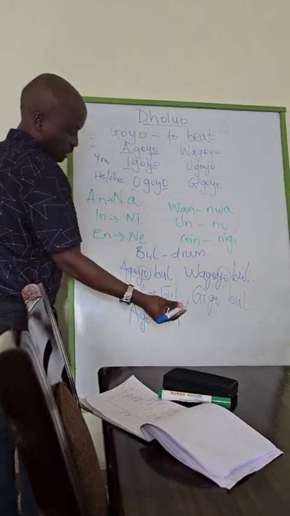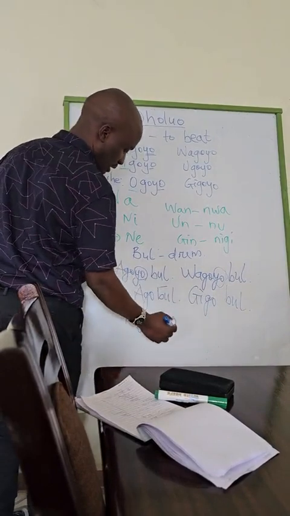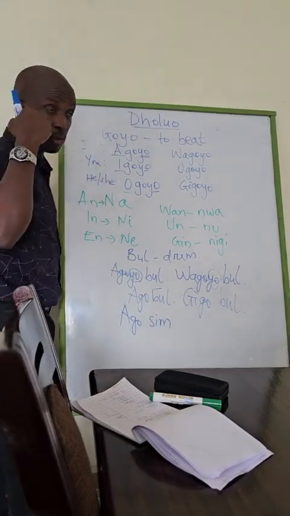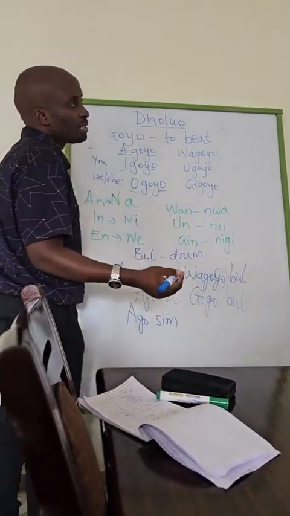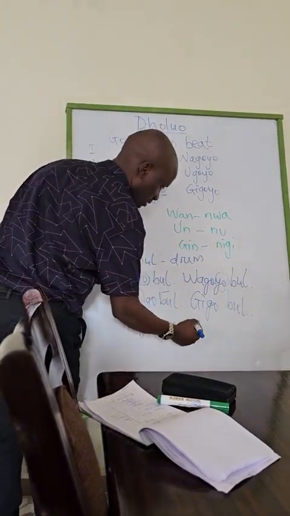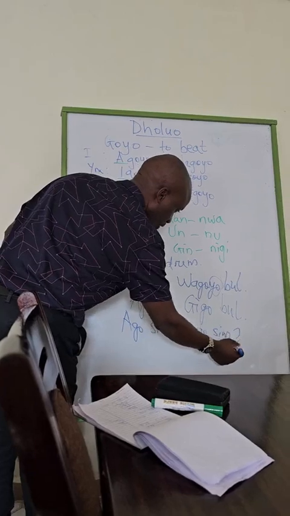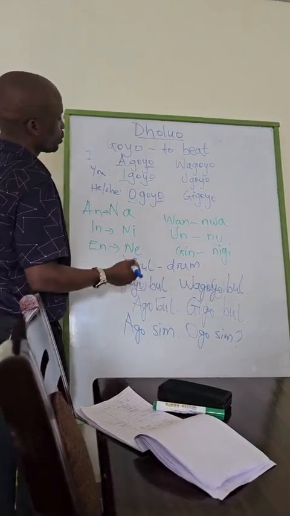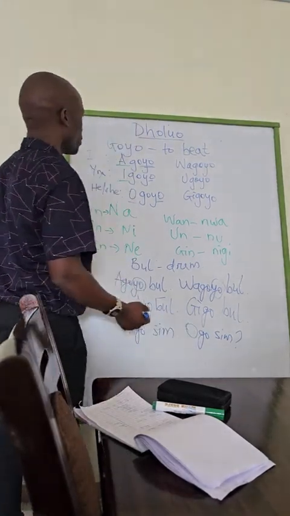Sim, because this is new technology, the word sim has been adopted as the language for the phone. So, ago sim. I am calling. Somebody can also ask you, has he called? Or is he calling? You could say, Ogo sim. Is he calling? Or has he called? So this go, we can shorten it by just saying go. Ago sim, Ogo sim, Wago sim, and so on and so forth.